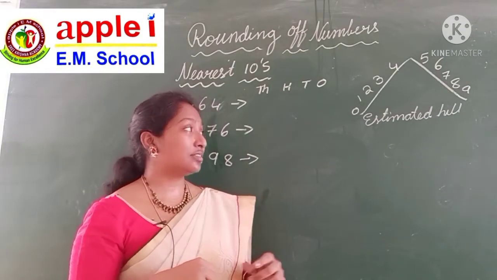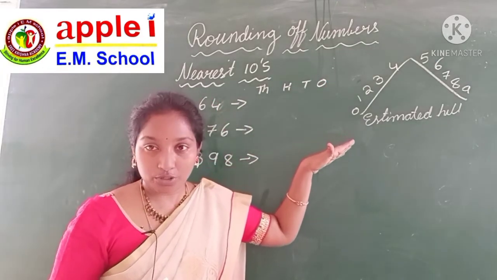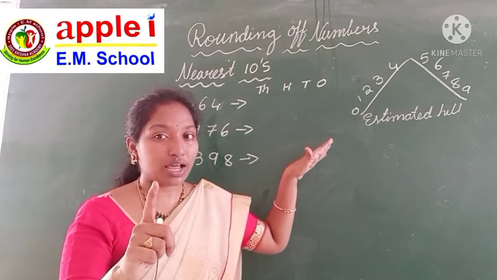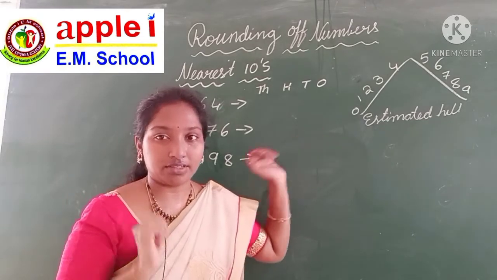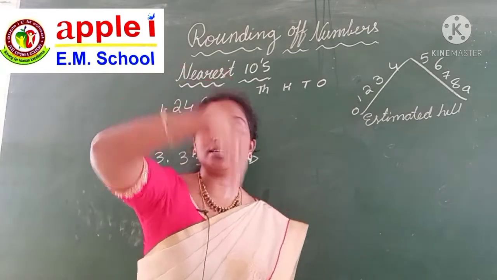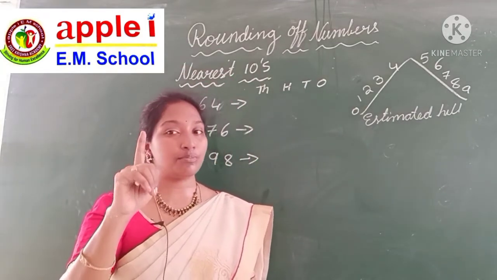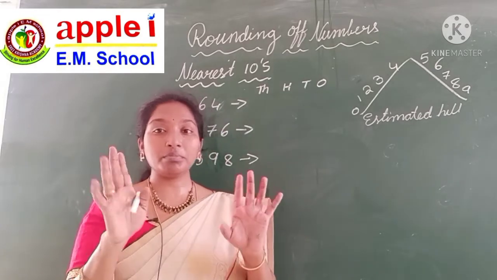Understood? Whenever we are coming back to the same position, we have to write the same numbers. Remember this one: whenever we are going to the other side of the mountain, we will get 1 point. Remember these two.